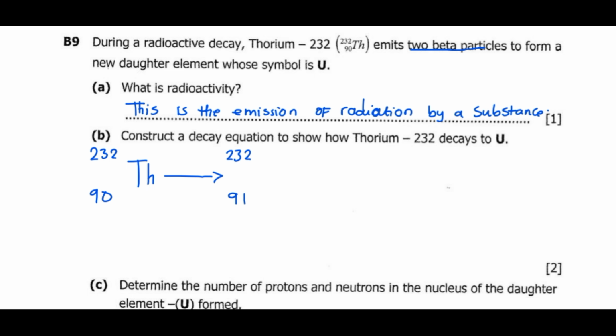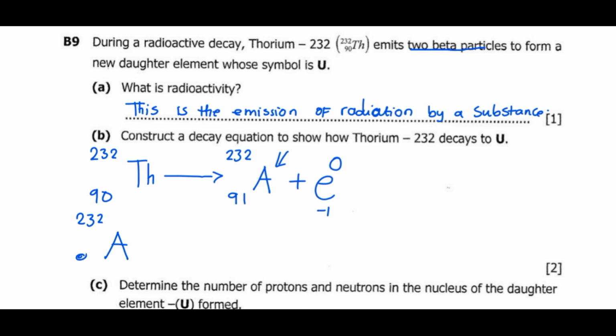Then to form a new daughter, let's say we have A. Since we are dealing with emission plus beta, we write -1 and 0 here. So this is our first emission. Now let's look at the second emission. For this, we'll say our daughter atom or element is A. What will happen to the mass number?